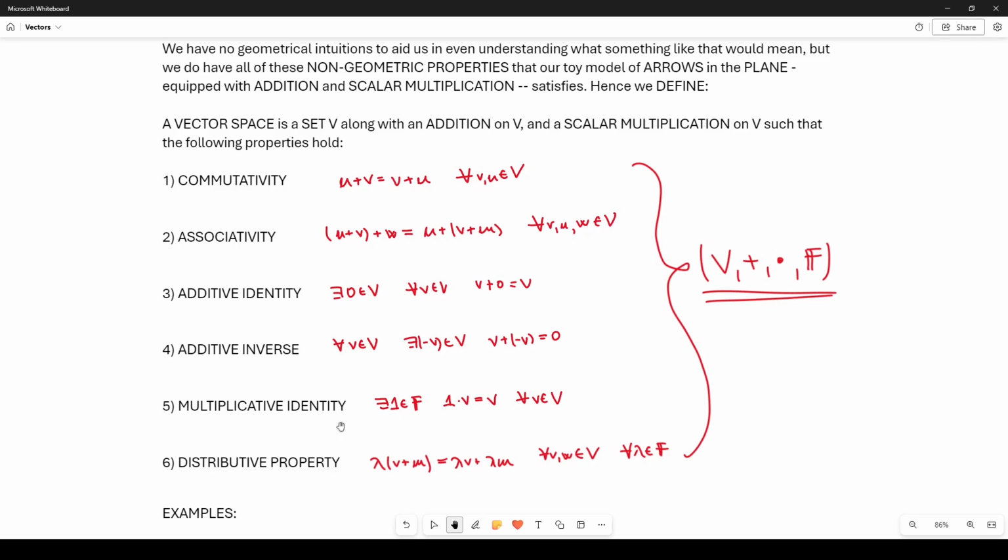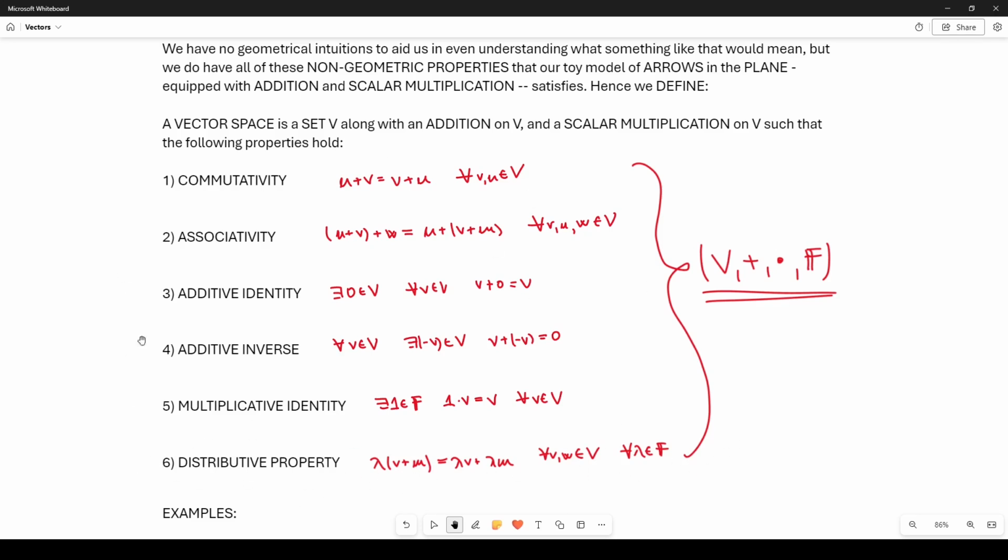We require there to be a multiplicative identity in F, and F will be the set of scalars. So when we want to do scalar multiplications, we multiply with elements from F. And F will, in our case, be either the set of real numbers or the set of complex numbers. So there exists a 1 in the set of scalars, which acts as an identity, and we require the distributive property to hold.